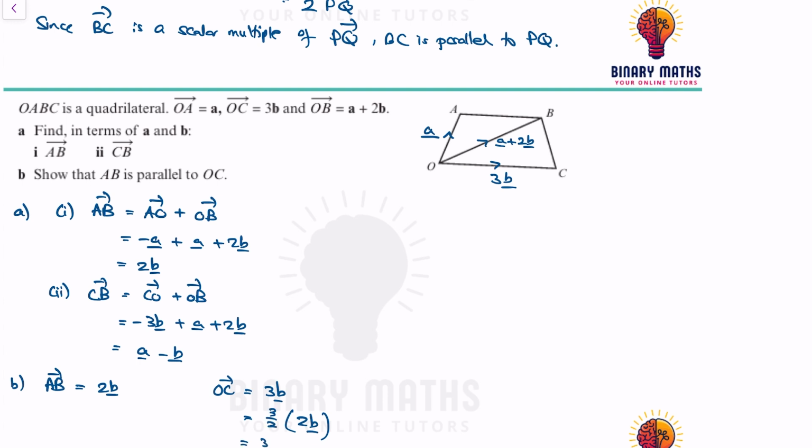So it's the same thing as 3 over 2 times A to B. Since O to C is a scalar multiple of A to B, OC is parallel to AB and vice versa.